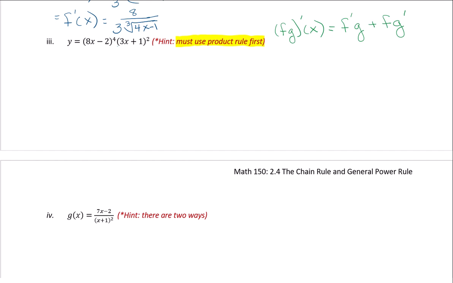So we can consider these two binomials as those two different functions. So this one is f, and this one would be g. So let's take a look at the derivative.